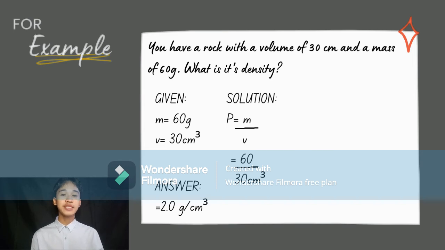The next step is to substitute: replace m with 60 grams and v with 30 cubic centimeters. Let us divide: 60 divided by 30 is equal to 2. So the density of the rock is 2 grams per cubic centimeter. Easy, right?